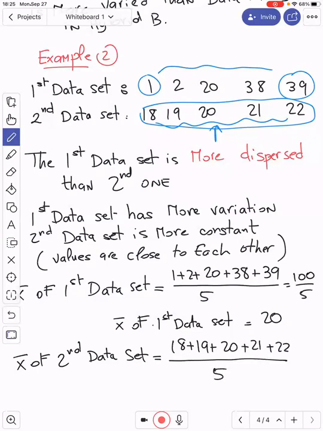Again, it's 5 numbers, so the top again is going to be 100, over 5. So both data sets have the same mean.